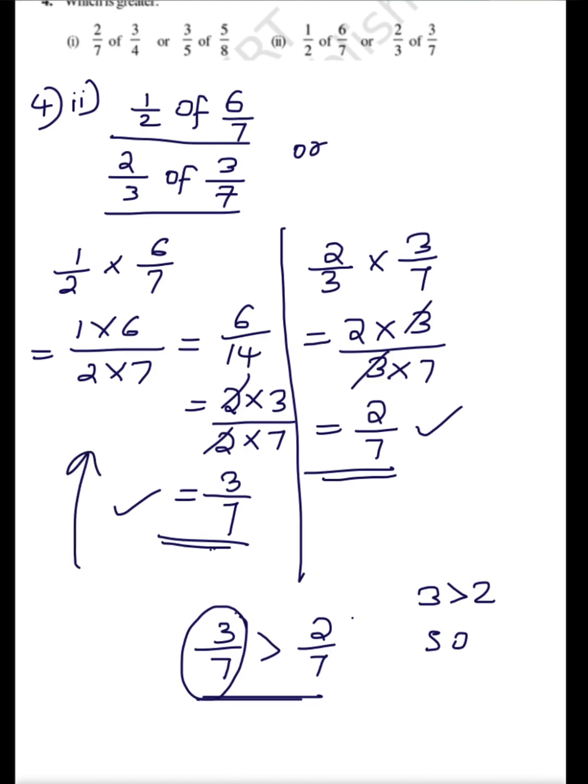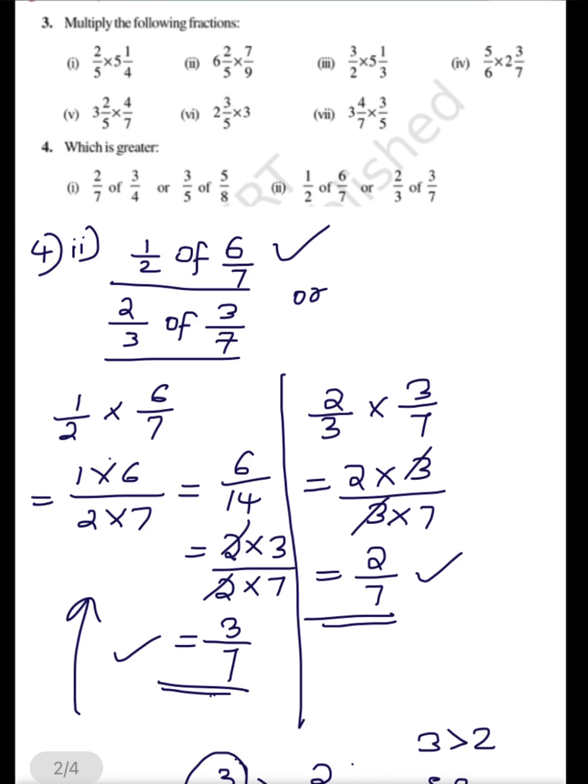That means 3 by 7 comes from where? From this number, that is from the first number. So you can tell that 1 by 2 of 6 by 7 is greater in this case. Okay, 1 by 2 of 6 by 7 is greater. Understand how you are doing this? Okay, so that is all about the fourth question.